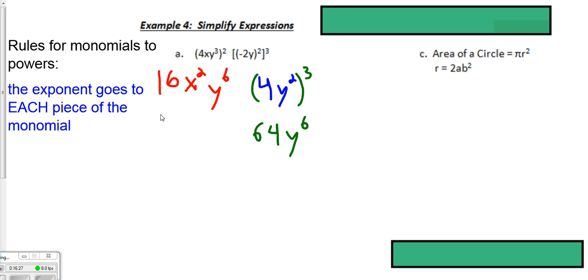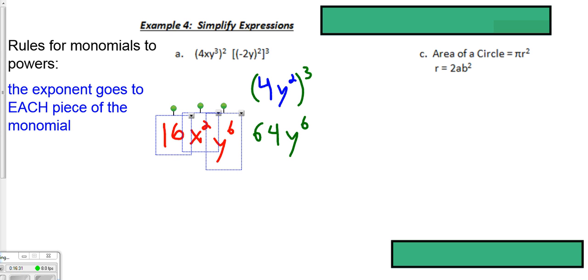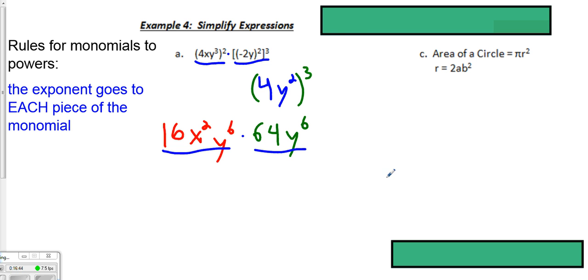So at this point, we've changed our expression into being this piece right here times this piece, which is now here. So now we just do multiplication of our monomials like we did before.